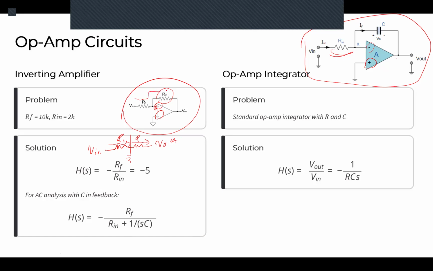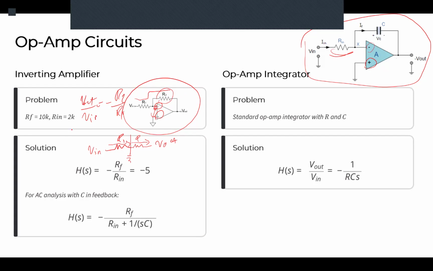Whatever we are injecting here, there is no current here, so it goes here. If you run a KVL, KCL, you would find that V out over V in is going to be minus R2 over R1, because it's just a voltage divider. Are we good?